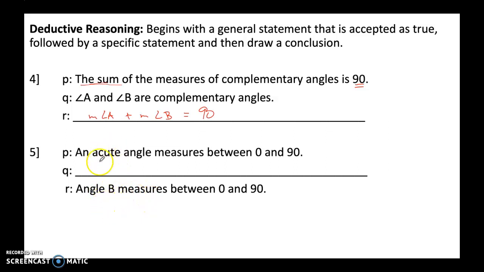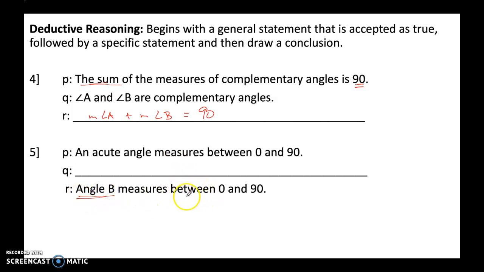We can get another statement based on the two given statements. An acute angle measures between 0 and 90. Angle B measures between 0 and 90. So what can we conclude about angle B?